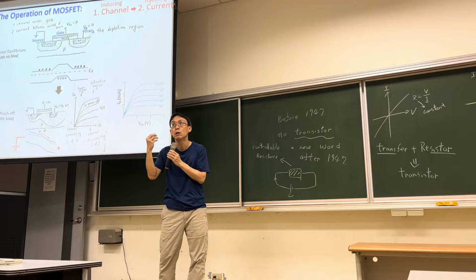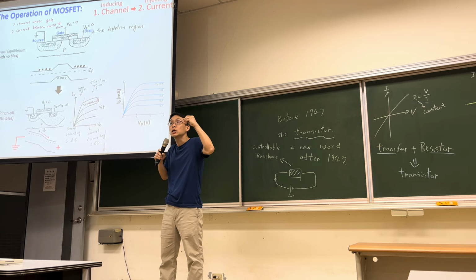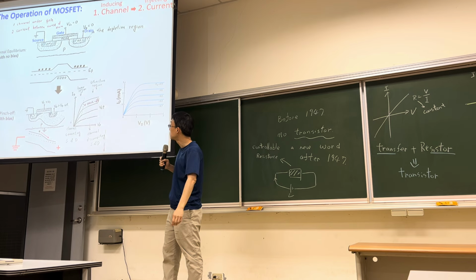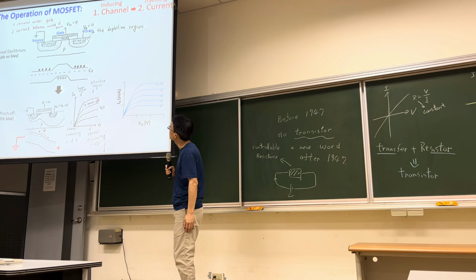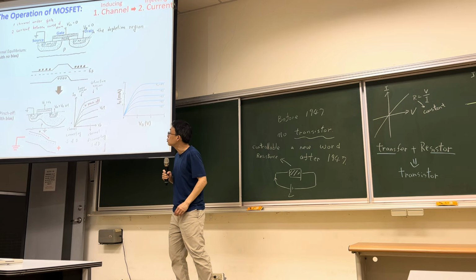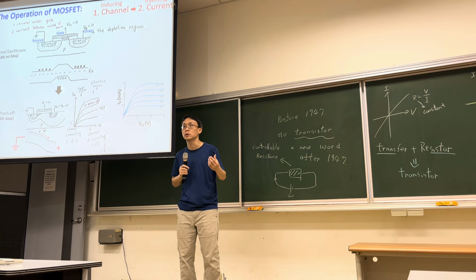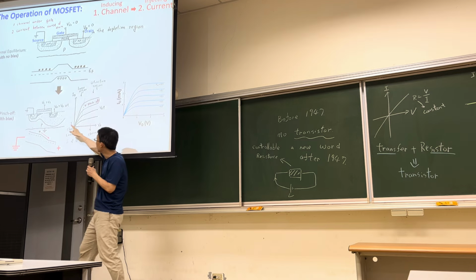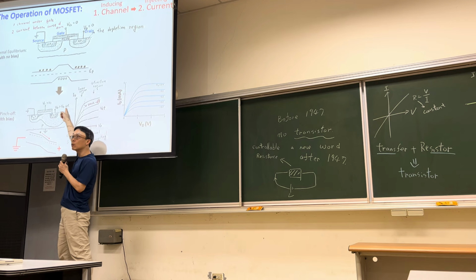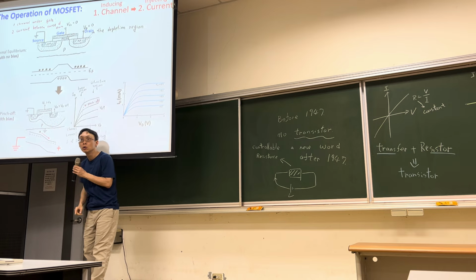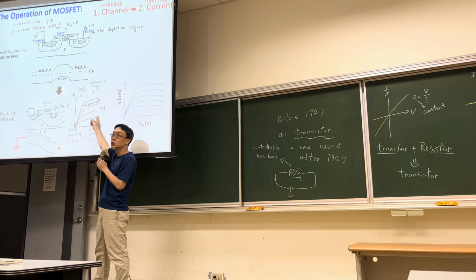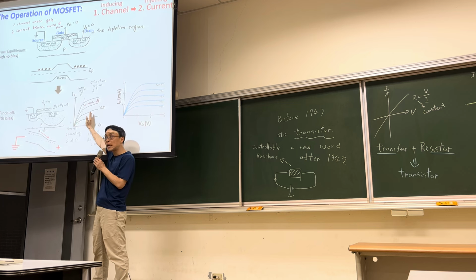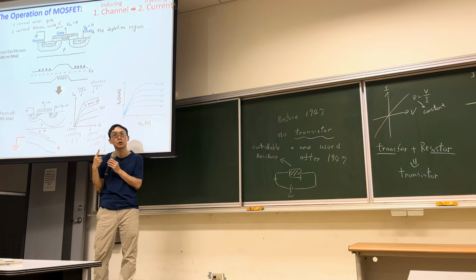Channel is the conductive path between the source and the drain. Once you have the channel induced, then you need to increase the voltage at the drain more and more until you reach the saturation region. When you reach the saturation region, that means your device is in operation.